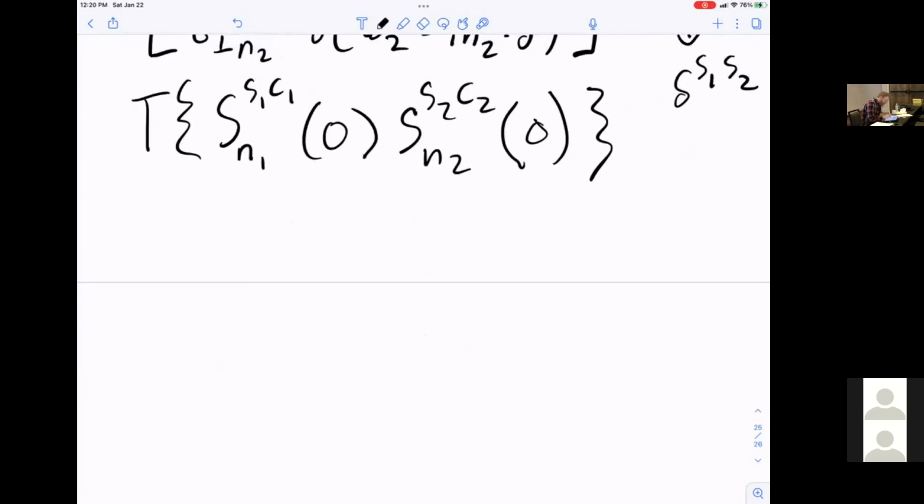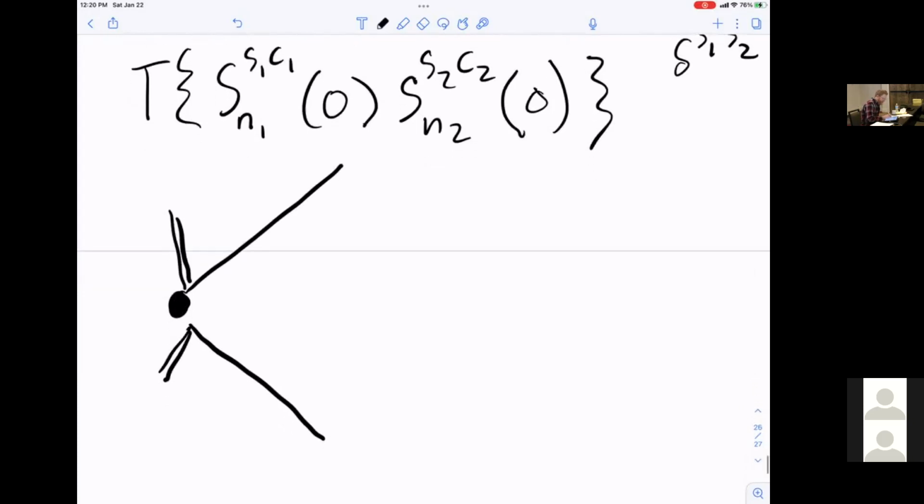The picture that I have: here's my hard interaction. Here's my collinear sector. Here's its gauge link. Here's my other collinear sector. Here's its gauge link. Maybe I'll write it this way. That's a field operator right there.